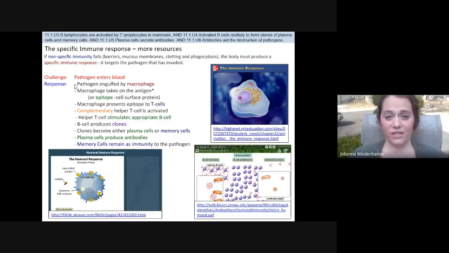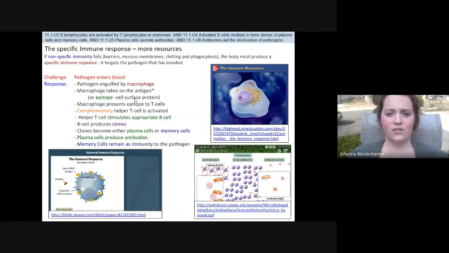First, that pathogen is going to be engulfed by a macrophage, or a phagocyte, what we talked about in yesterday's lesson. That macrophage or phagocyte is going to take on that antigen that was on the surface of the pathogen.